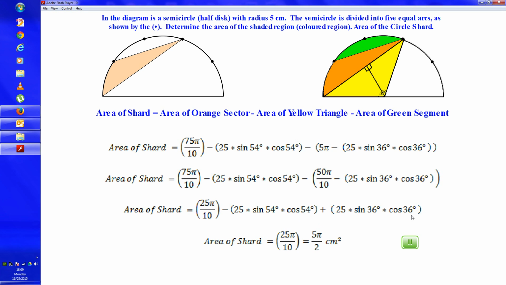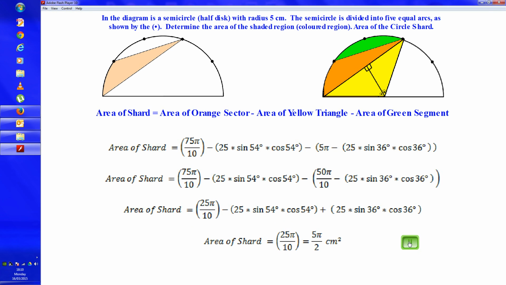So they're basically on a symmetrical plane somewhere. So have a look by drawing the graph and finding why these cancel. It is quite interesting, and you will see they do cancel. So what we're left with is 25 pi upon 10, which cancels down to 5 pi upon 2 as our area of the shard, centimeters squared.